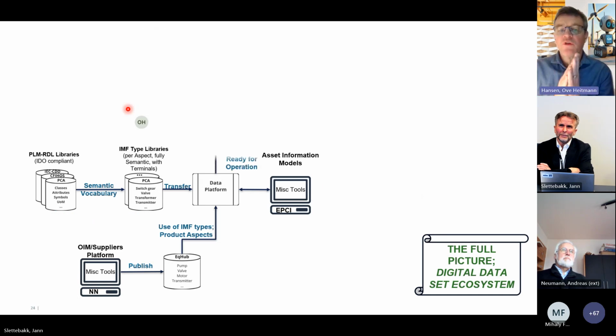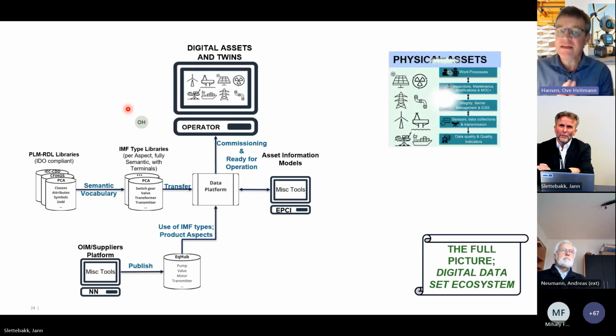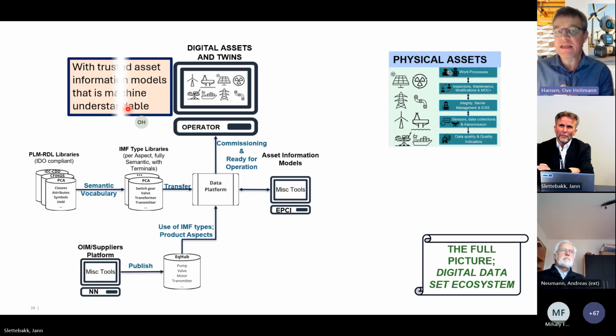So when we have commissioned this and it's becoming ready for operation, we need to make sure that we understand the digital representation, a digital asset that actually represents a physical asset. So we do commissioning both on the digital asset and the physical asset. Make sure that both are actually built and represent each other.